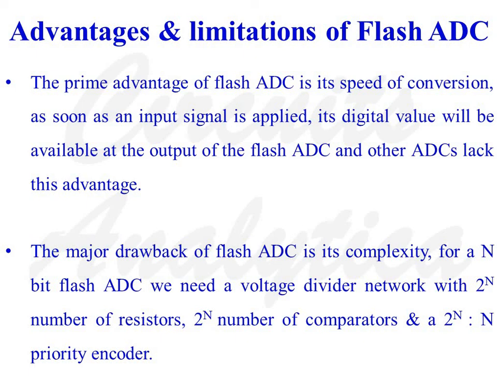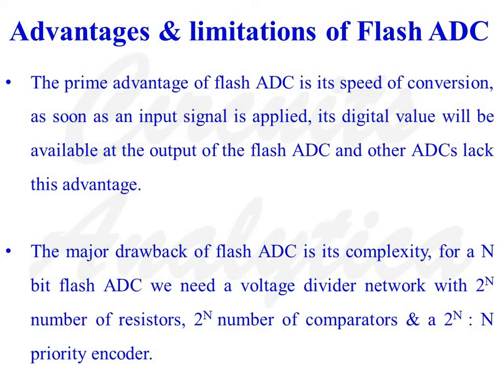The major drawback of flash ADC is its complexity. For an n-bit flash ADC, we need a voltage divider network with 2 raised to n number of resistors, 2 raised to n number of comparators, and a 2 raised to n to n priority encoder. We found that for a 2-bit flash analog to digital converter, the circuit consists of 4 comparators and a 4:2 priority encoder.